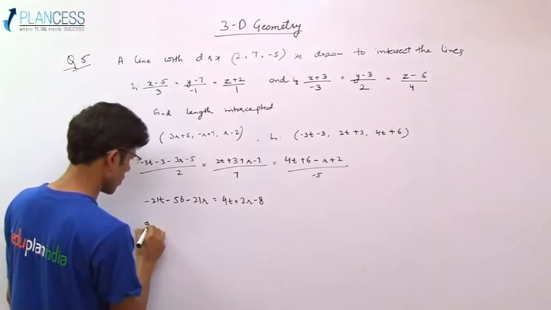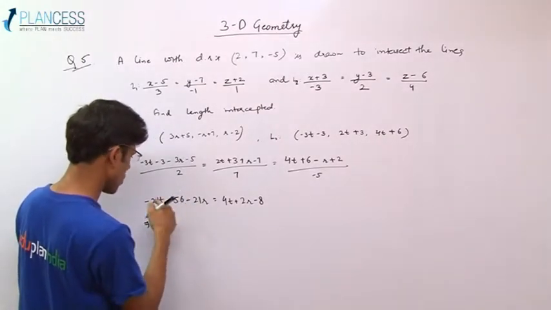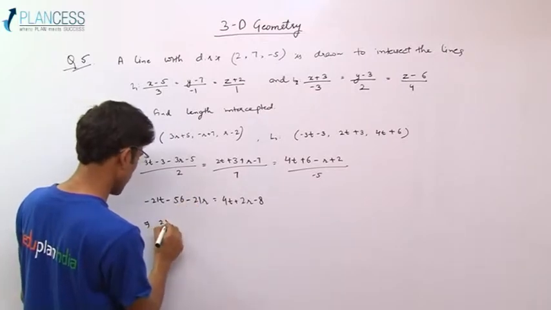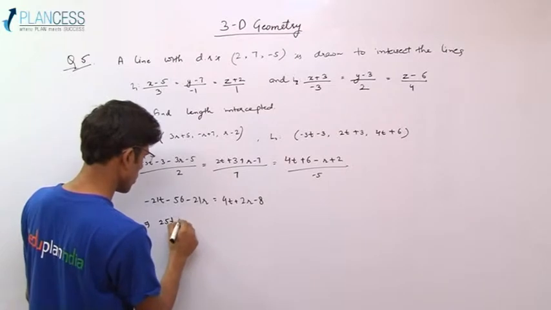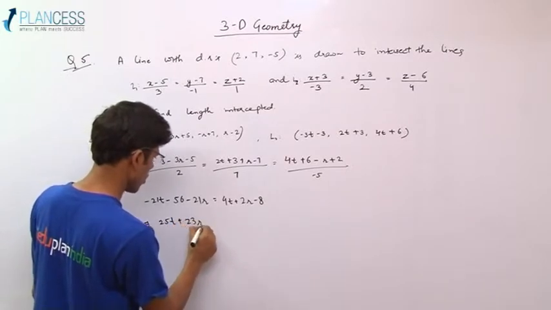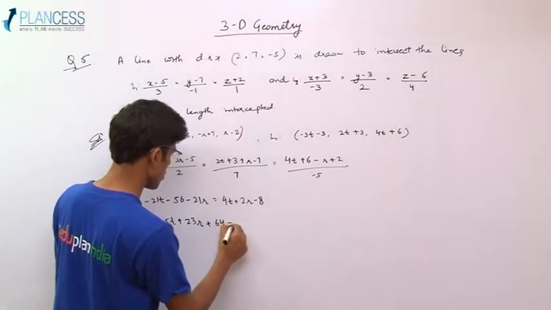So what we get is 25t plus 23r plus 64 is 0.